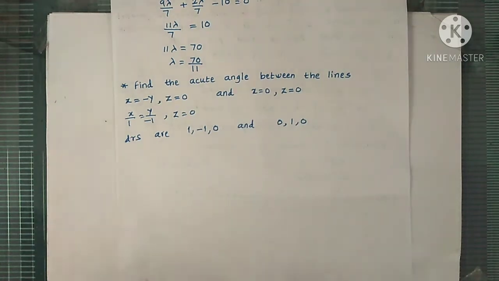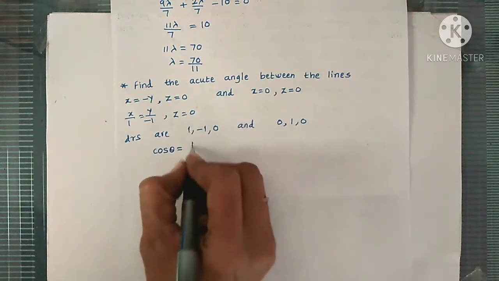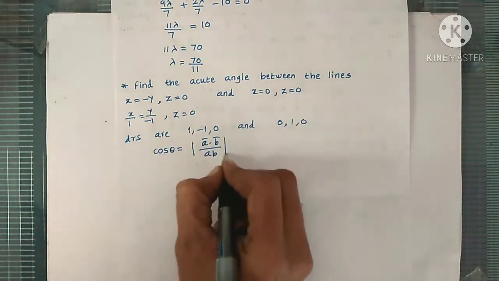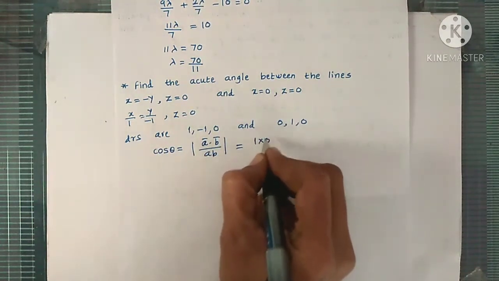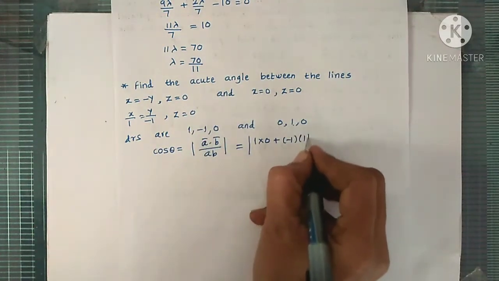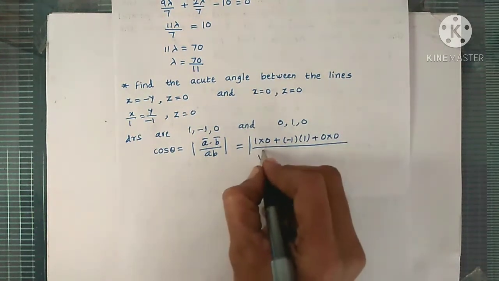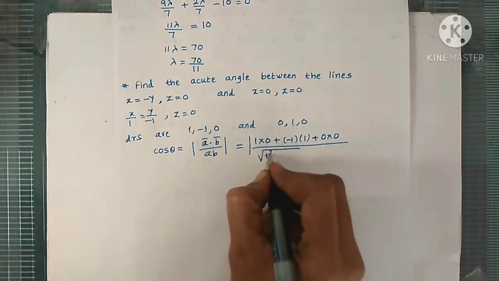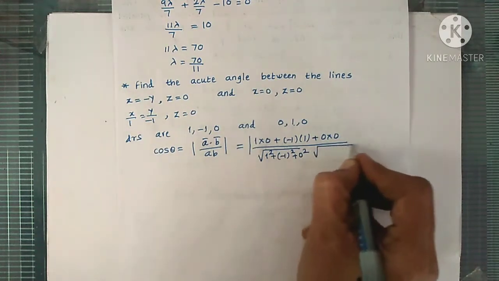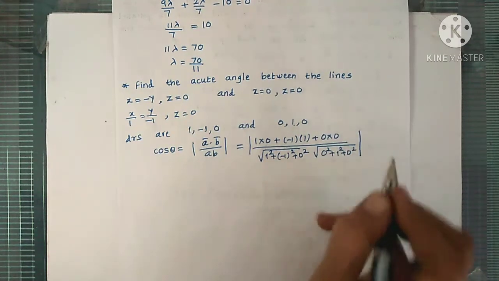So now we can find the acute angle. So cos theta equal to, to find the acute angle we have to take the modulus sign here, a bar dot b bar upon ab. So a bar dot b bar is 1 into 0, then we have minus 1 into plus 1, and the next one is 0 into 0, divided by square root of 1 square plus minus 1 square plus 0 square, and for the second line it is 0 square plus 1 square plus 0 square.